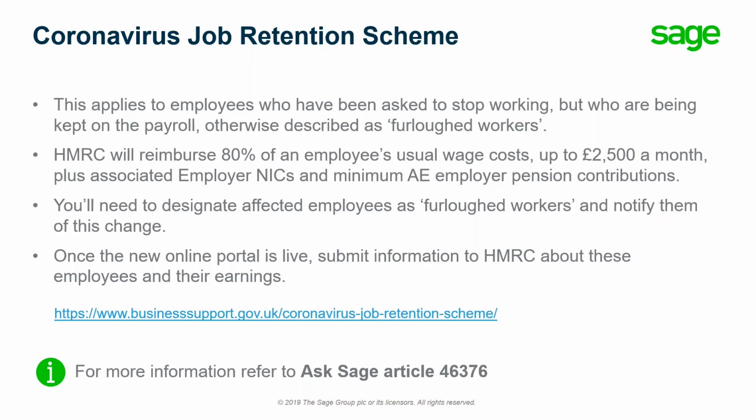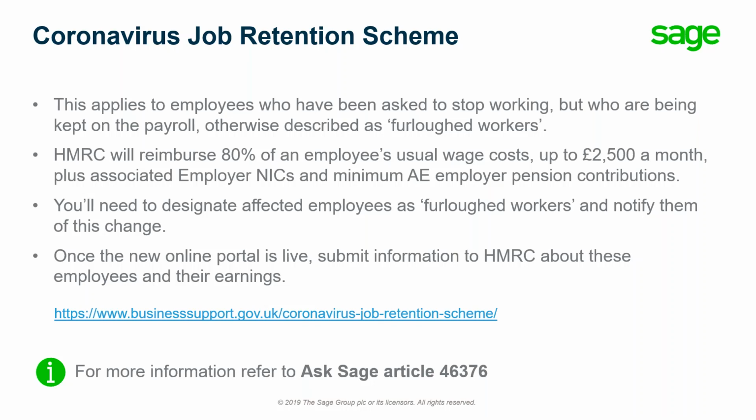To support you with this, HMRC will reimburse 80% of an employee's usual wage costs, their regular salary, up to £2,500 per month, plus the associated employer national insurance and minimum auto-enrolment employer pension contributions. So this is a grant that you will receive.